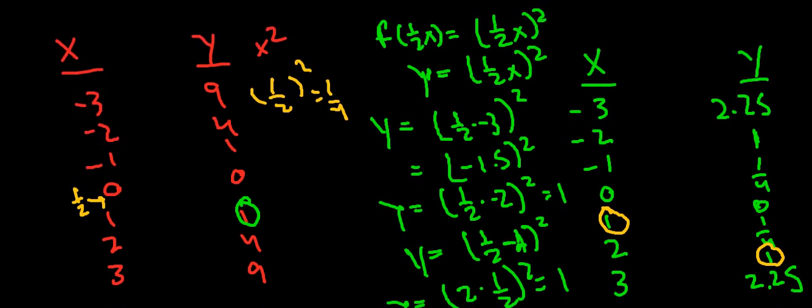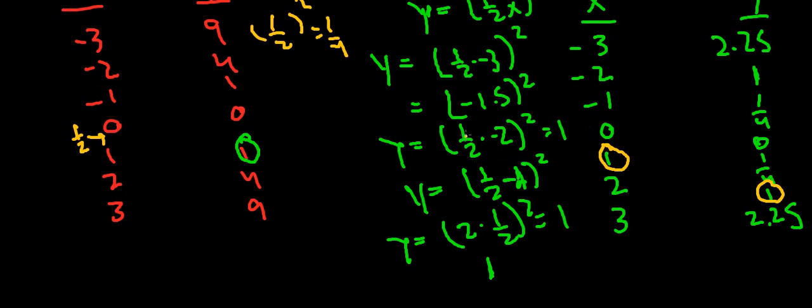If this number was, let's say, 1/10 and we were solving for 2 again, we'd get 1/10 times 2, which would be 1/5, and then we would square that.